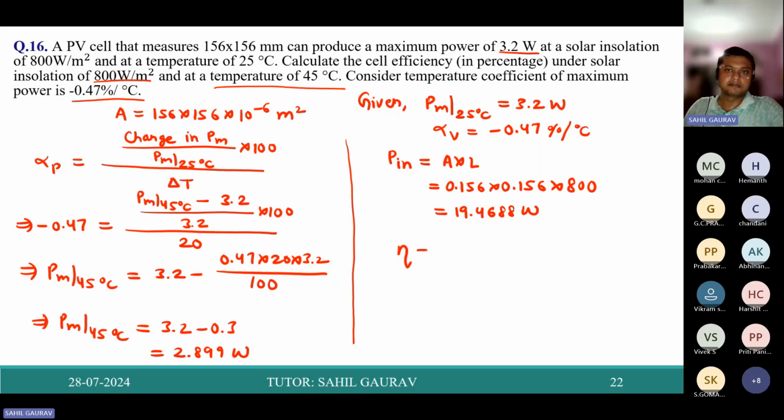Therefore, efficiency will be P out upon P in. So P out, that maximum power, is 2.899 upon 19.4688. If you multiply it with 100, it will give the answer in percentage.